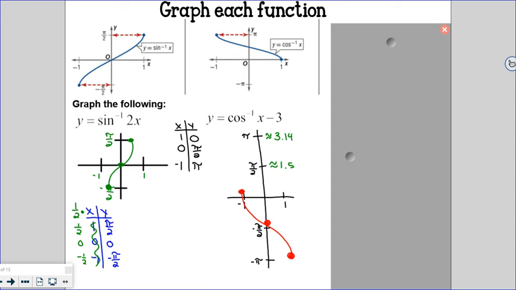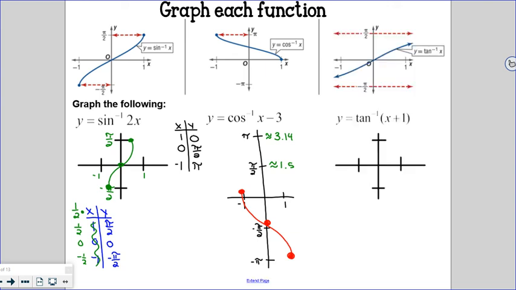Now, not all transformations on a tangent graph will impact your horizontal asymptotes, so we do have to pay attention to whether this particular transformation impacts those. Let's try this one more time. That one would be moving us left 1, yes? Inside, because of the parentheses, and we think opposite. So it's going to take my graph and move it left 1.